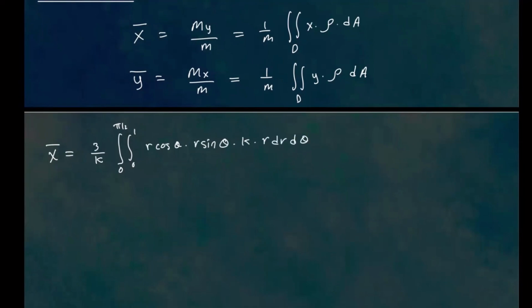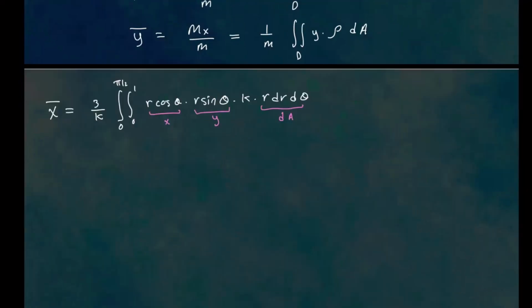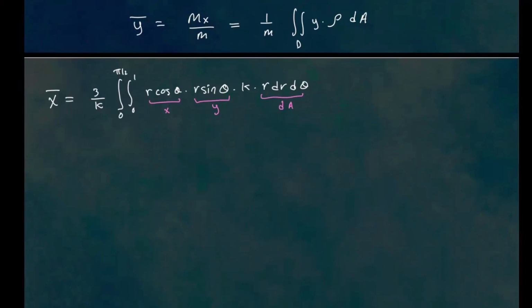Hopefully you're able to follow all of that. This is the replacement of x, and this is the replacement of y, because our density was k times y, and then this is our dA. Again, I'm going to pull k outside, and you'll see this k and this k will cancel each other. So we're pretty much down to something simple.